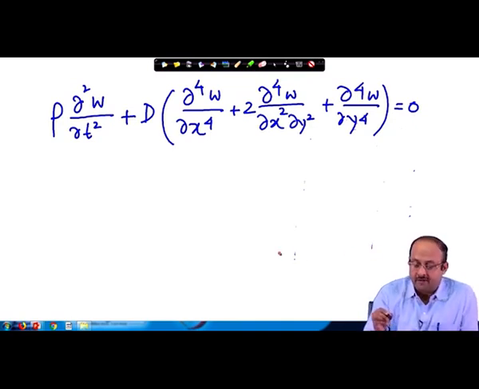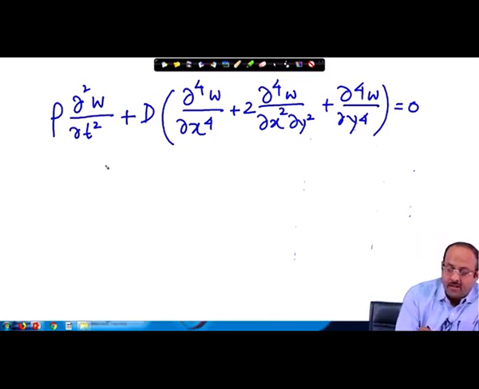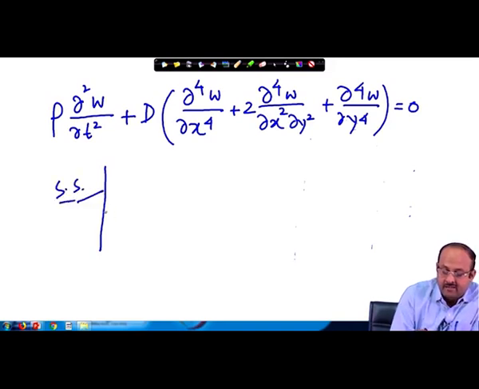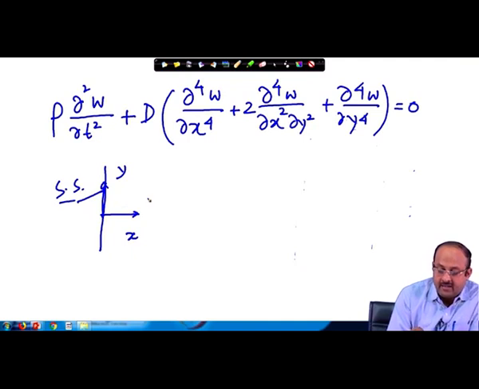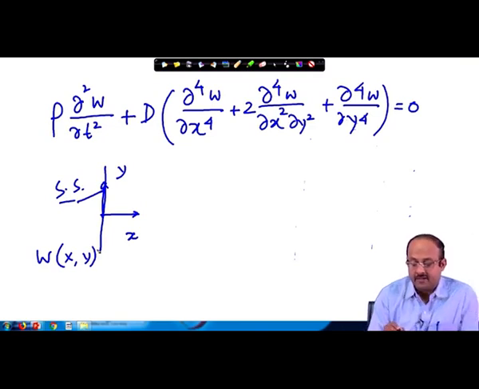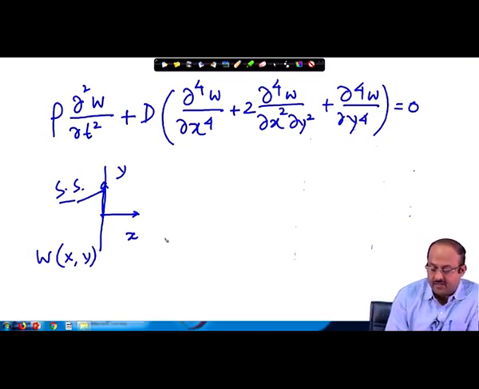Boundary conditions for the simply supported boundary conditions, for example, if we have a simply supported edge. So, if this is a simply supported boundary condition, suppose this is x and that is y direction. So, here if we consider W as a function of x and y, where W is the transverse deflection of the plate.